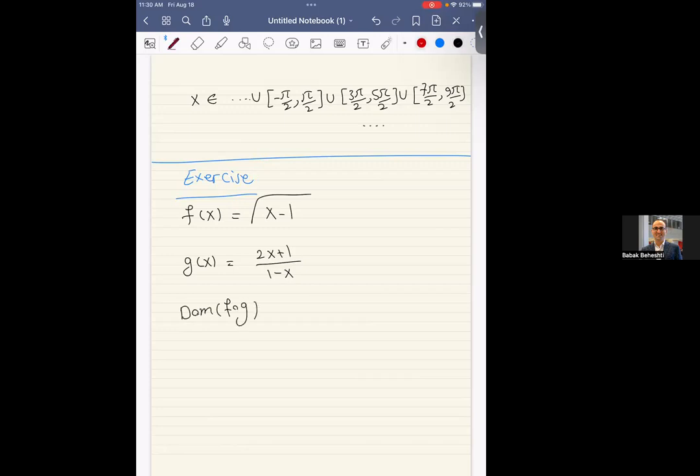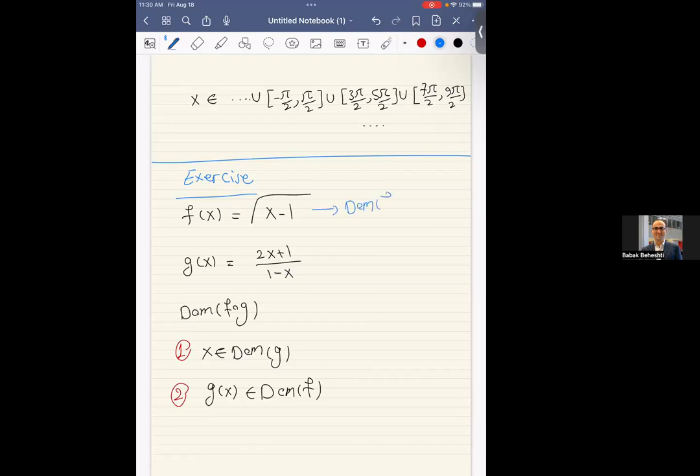Remember that you have to check two conditions. One is X must be in the domain of G. So these are the two restrictions, basically. X must be in the domain of G. Second of all, G of X must be in the domain of F. So what is the domain of F here?